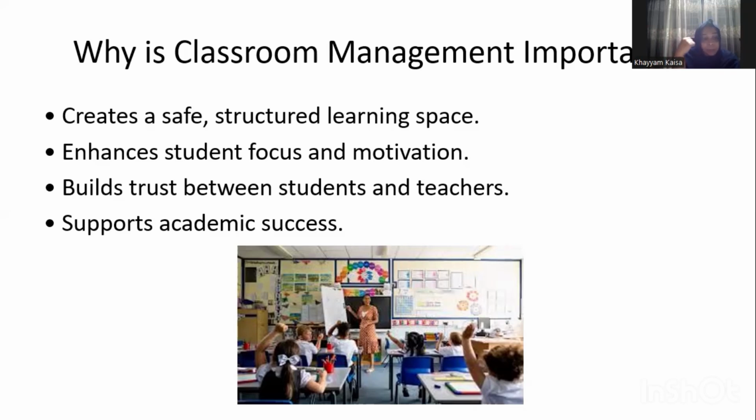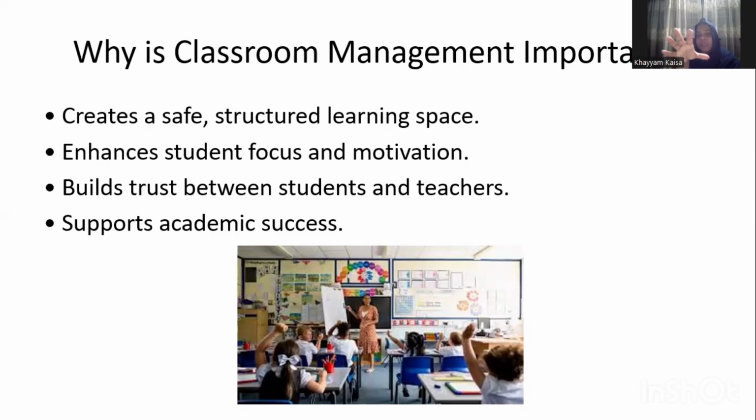It also supports student engagement, motivation, and participation by promoting respect and responsibility. Good classroom management builds strong teacher and student relationships, encourages cooperation, and helps students develop self-discipline and social skills. It plays a key role in managing diverse learning needs and maintaining fairness in the classroom.